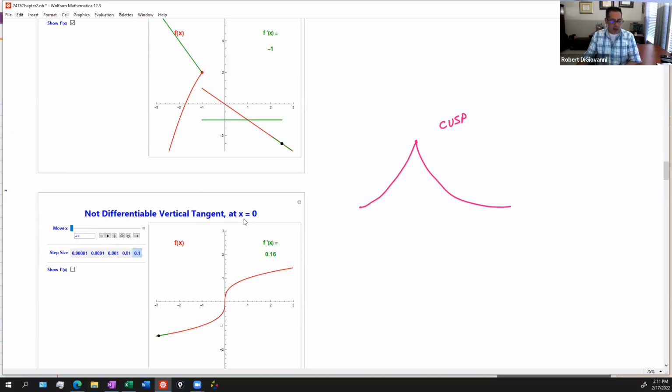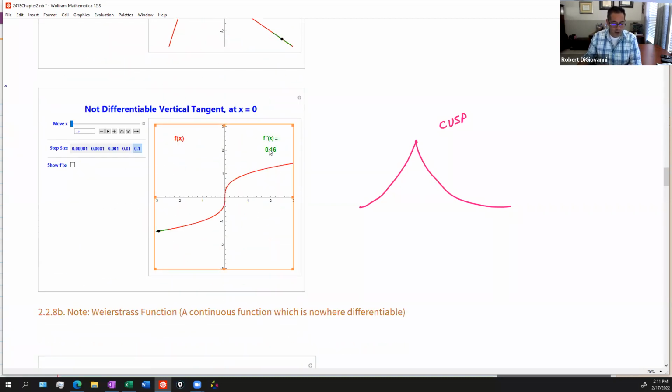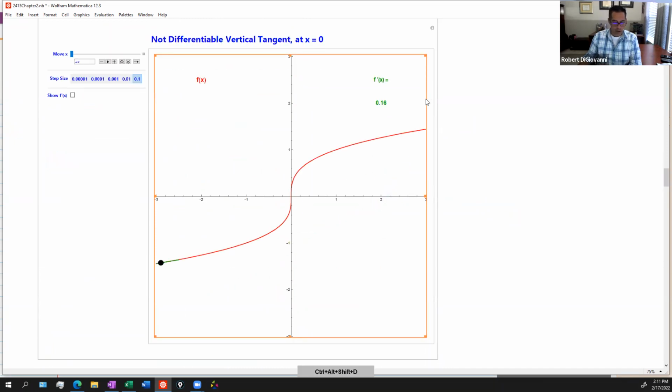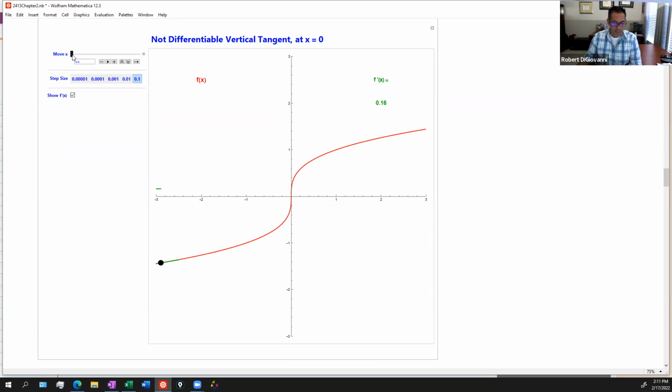And then the last place is if we have a vertical tangent line. I should have made these bigger, I'm sorry. So I want you to look at the derivative here. I'm going to draw it. The derivative is positive. It's getting steeper and steeper and steeper. So look at what the derivative is doing. It's taking off, right? And when you get to this point, it becomes vertical. And then you move over to the other side and you've got that same steepness.